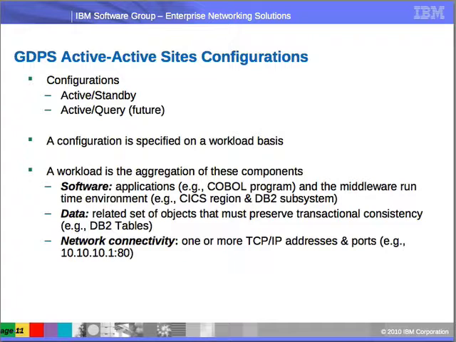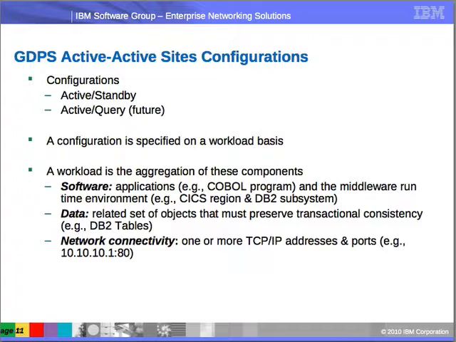It's a software. For example, it may be a COBOL program running in a CICS region, and that COBOL program is accessing a DB2 subsystem. So in that case, that's all the software that makes up that workload. The data is what pieces of data that workload updates or accesses.